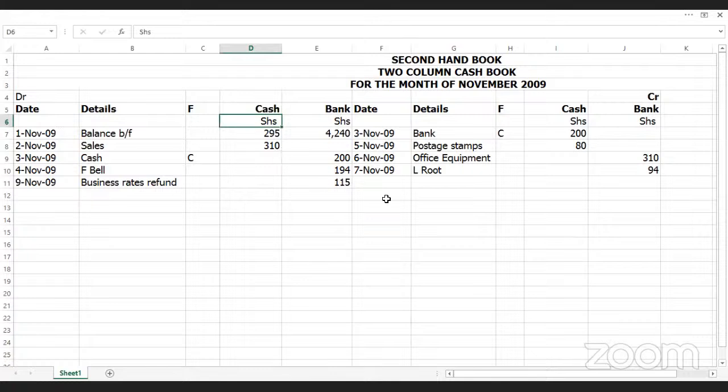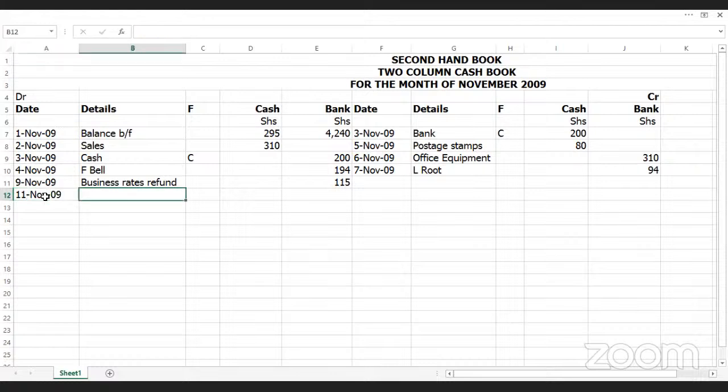Then what else? On 11th of November, we drew shillings 150 from the bank for business use. A contra entry, okay? Cash is increasing, but bank is reducing. That is on 11th November 2009.